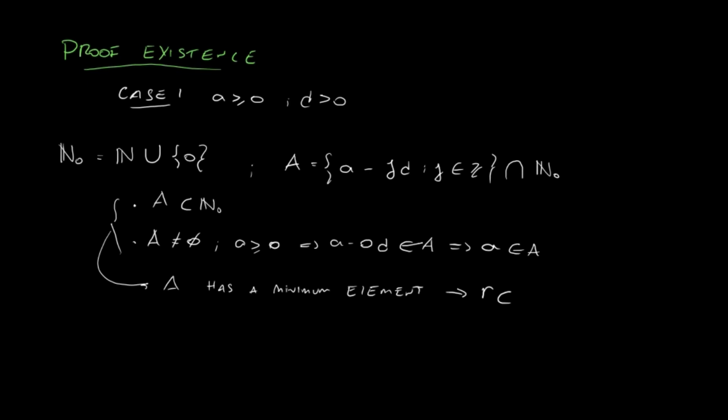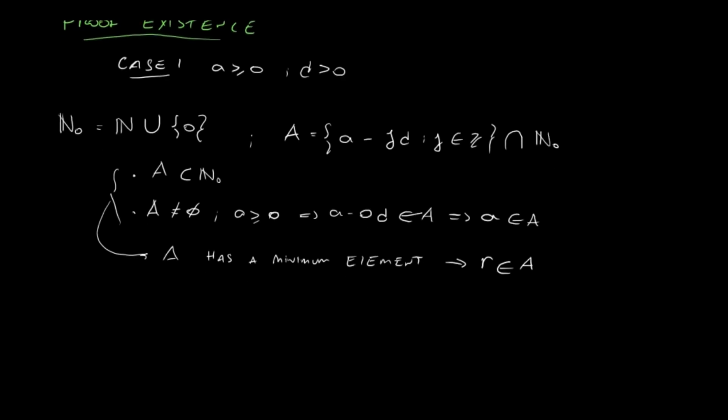r will be an element of A. And so there will exist an integer k such that r will equal a minus k times d, because r is in A, and A is formed by all the elements a minus jd with j an integer.